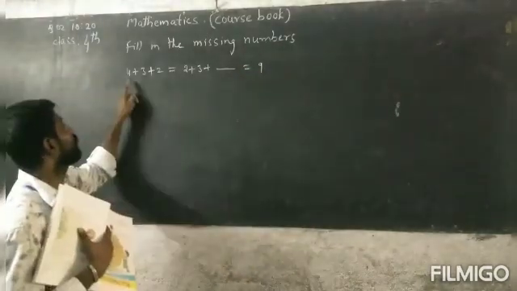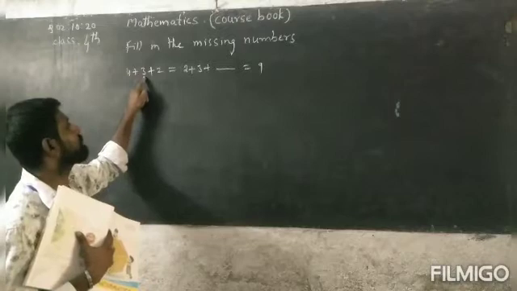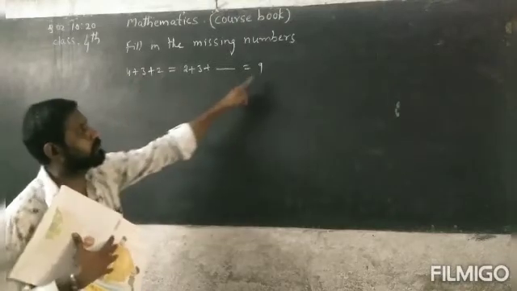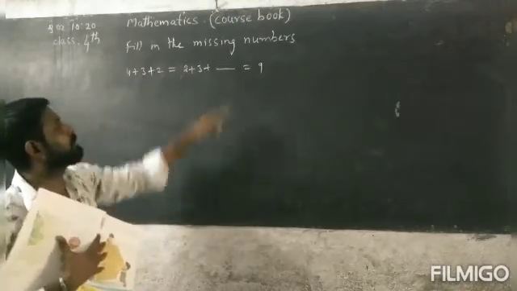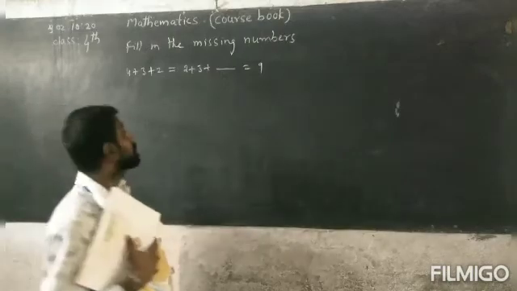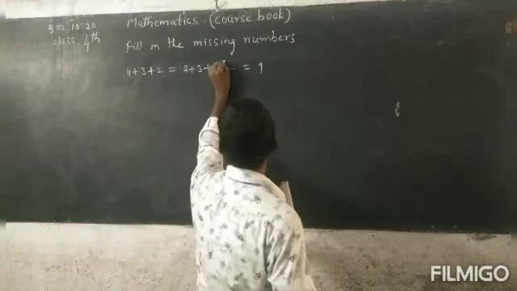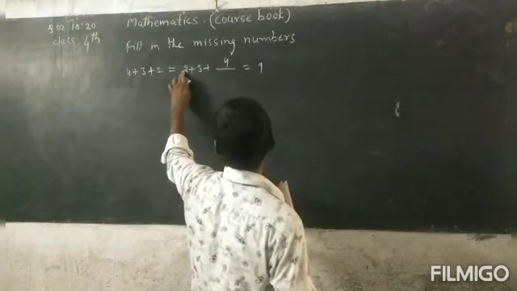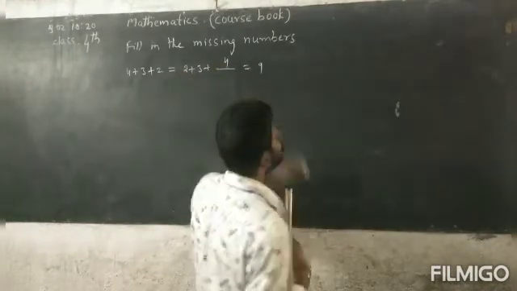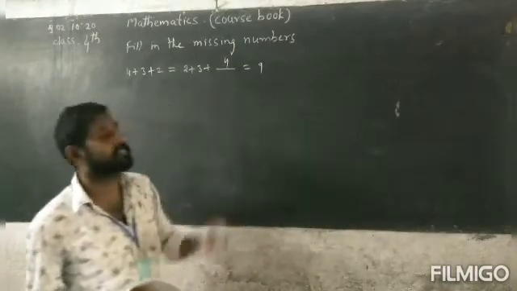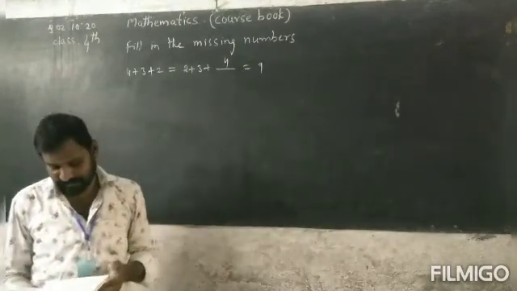See here, 4 plus 3 is 7, 7 plus 2 is 9. So 9. Here, one number is missing. So 2 plus 3 plus, the missing number, you can write 4. Then you can add 3: 2 plus 3 is 5, 5 plus 4 is 9. So what is this? This is the associative property, beta.